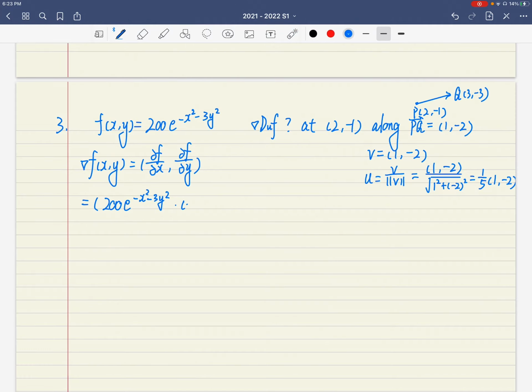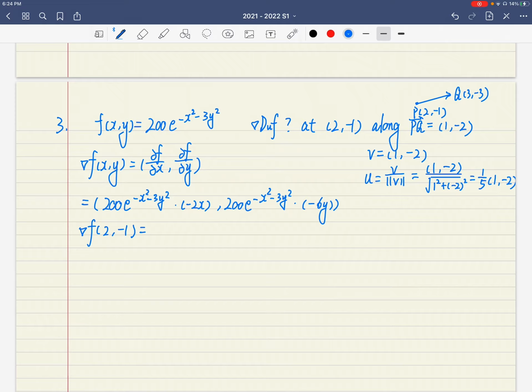You get negative 2x. And you differentiate it by y, the first part is very similar, then times negative 6y.